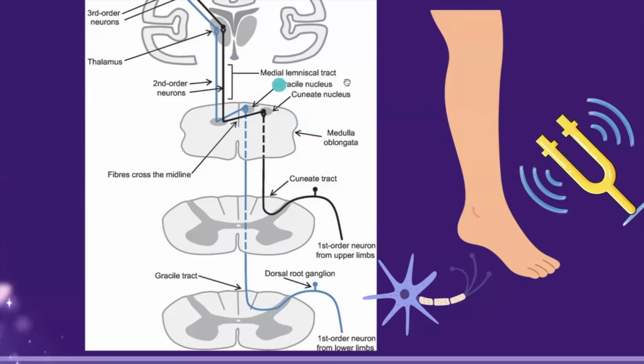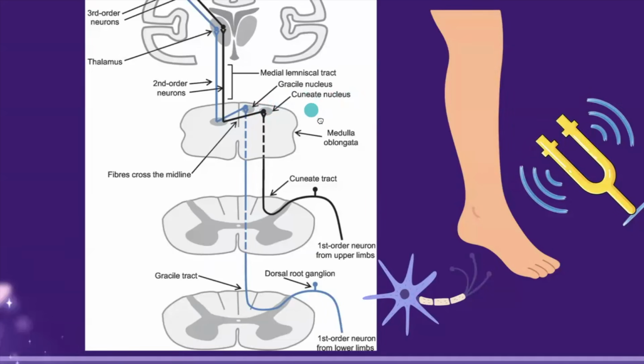Where specifically? The gracile nucleus. This is for the gracilis, fasciculus gracilis, or the gracile tract. However, for the fasciculus cuneatus tract, or the cuneate tract, it synapses with its second order neuron cell body, also at the level of the medulla, but specifically at the cuneate nucleus.